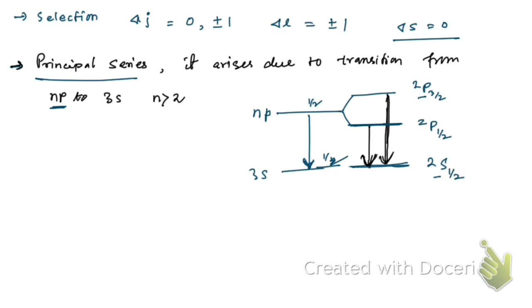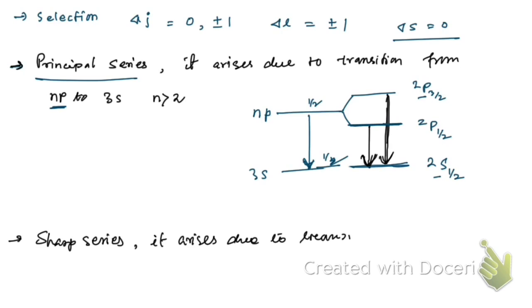Okay, so now let's discuss the next series, that is our sharp series. It arises due to transition from ns to 3p, and here the n is greater than 3.